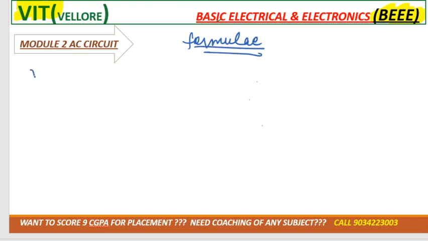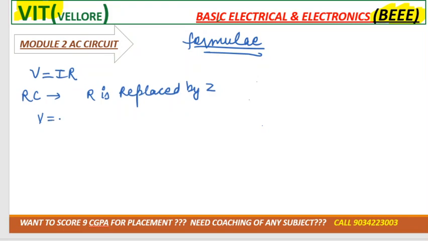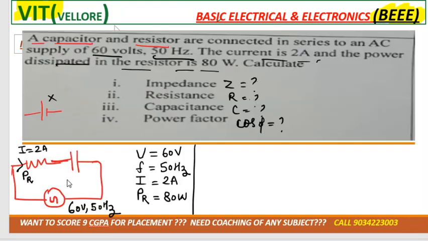V is equal to IR, according to Ohm's law, right? But if there is a combination of RC, then R is replaced by impedance, so V would be equal to I into Z. This is your new formula. You can't use V equal to IR whenever they give you a capacitor or inductor.